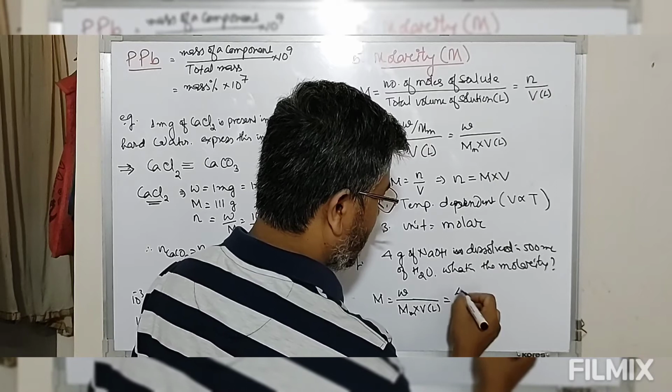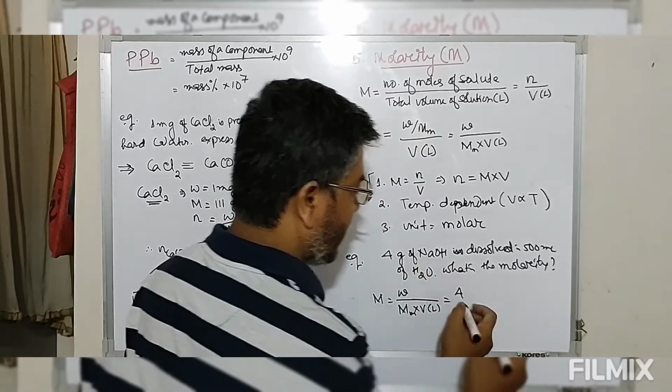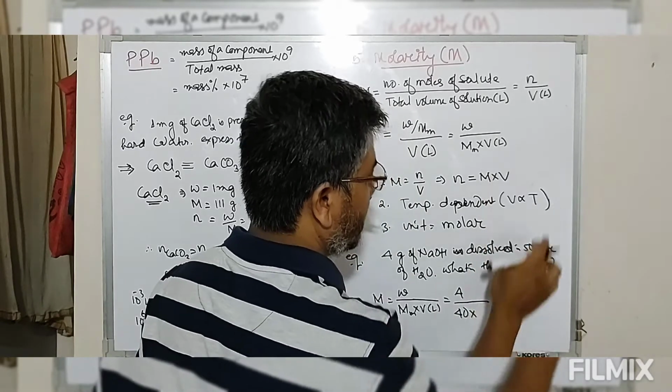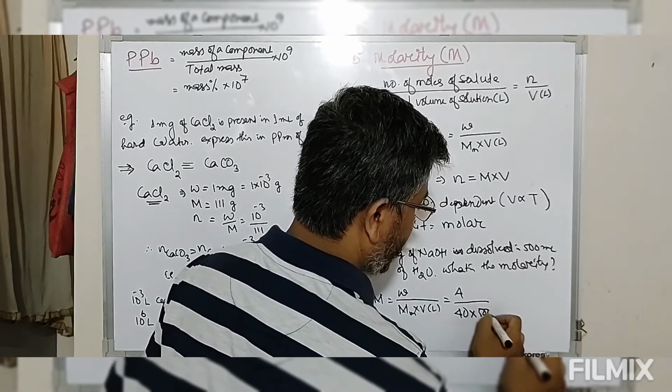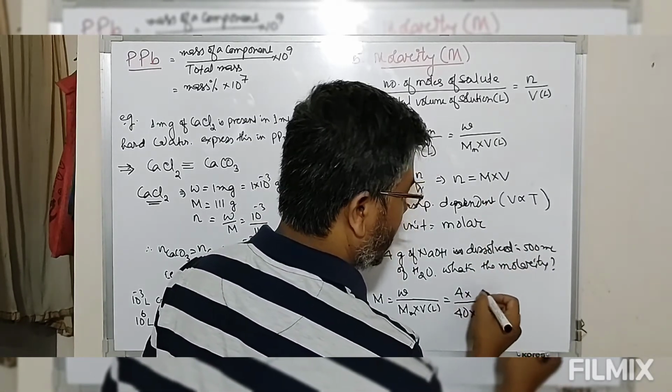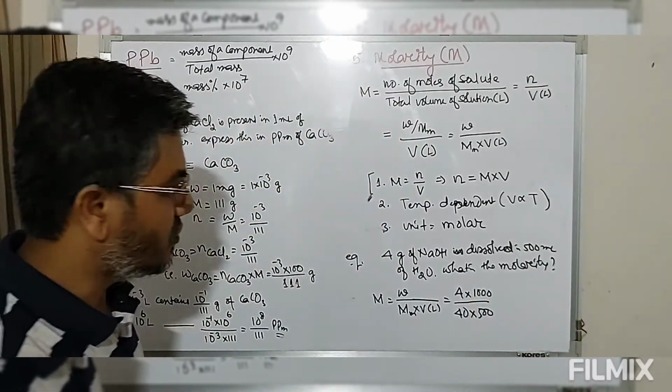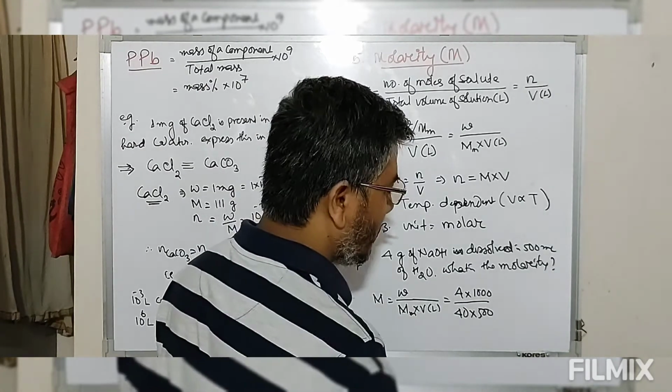So mass is 4, molar mass of sodium hydroxide is 40, into 500. This must be expressed in liters, so we multiply by 1000. So this comes out to be the molarity.